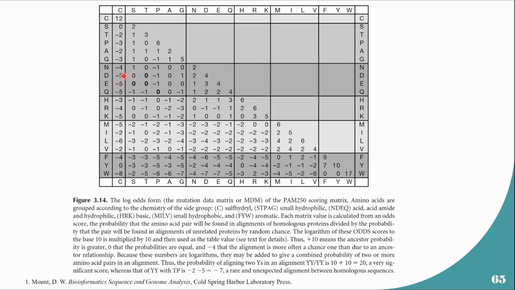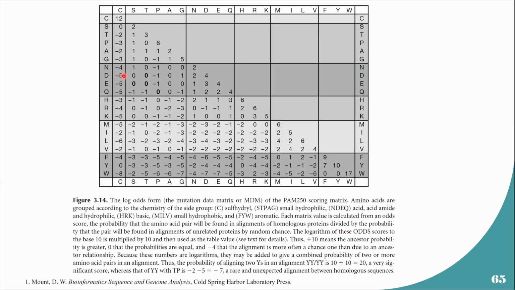The more negative, more mutation? No, more negative means that this mutation is not feasible by evolutionary processes. It is not favorable by evolution, so you have to highly penalize it in this scoring system.